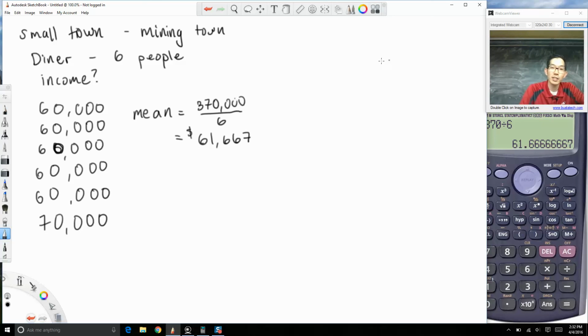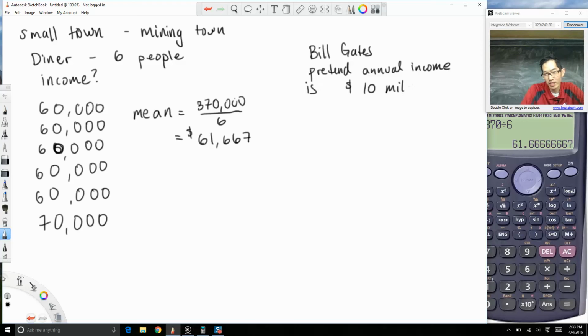All right, let's say a rich person, I'm using Bill Gates. Does Bill Gates have a lot of money every year? I don't know. Let's just pretend his annual income is $10 million. Is that too much?